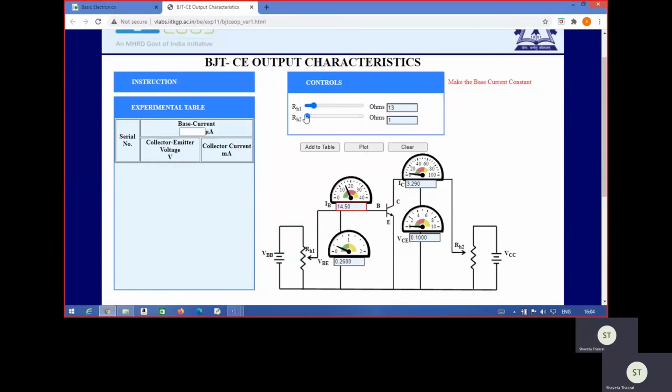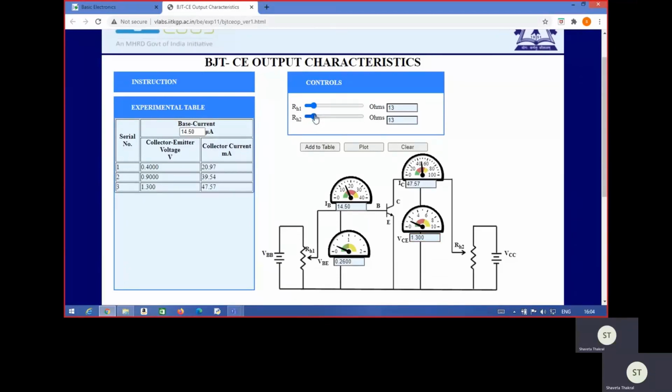With the help of this rheostat 2, we increase the value of VCE, and accordingly the IC changes and we add it to the table. So increase this value, add it to the table, increase this value, add it to the table.